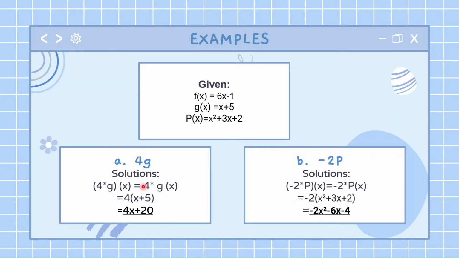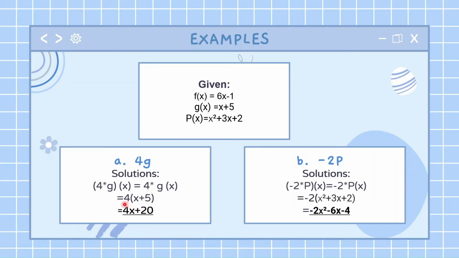Now, what we need to do is, you got it, we need to substitute. So 4 times g of x, where g of x is equal to x plus 5. Here, we just have to put it right next to 4, the constant. So 4 times x plus 5.